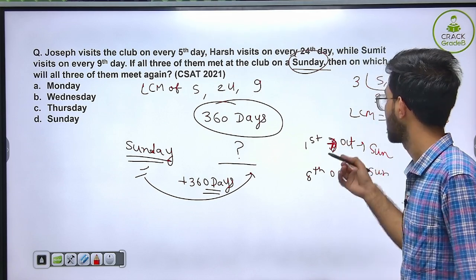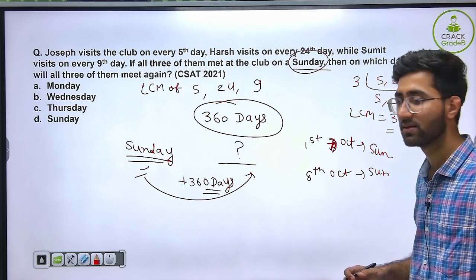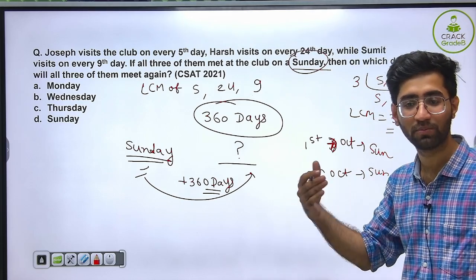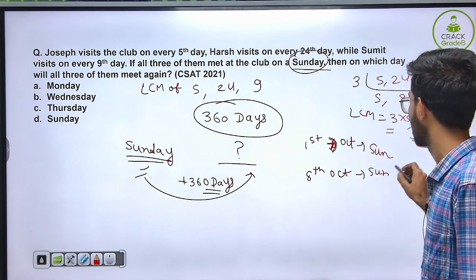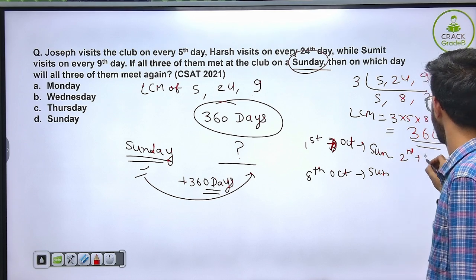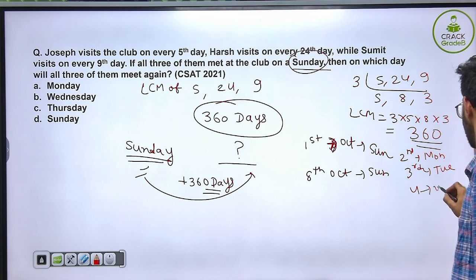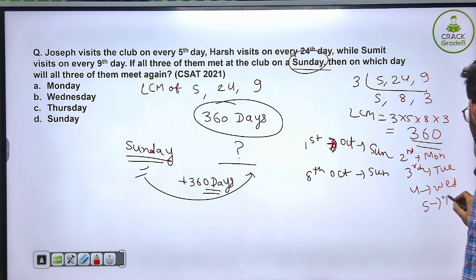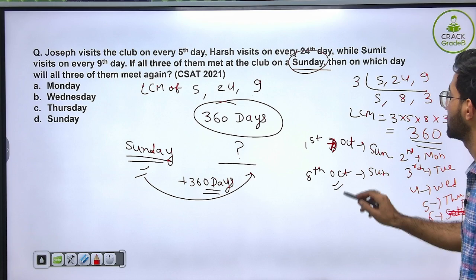Why? 2nd October will be Monday, 3rd Tuesday, 4th Wednesday, 5th Thursday, 6th Friday, 7th Saturday, and 8th October is Sunday.